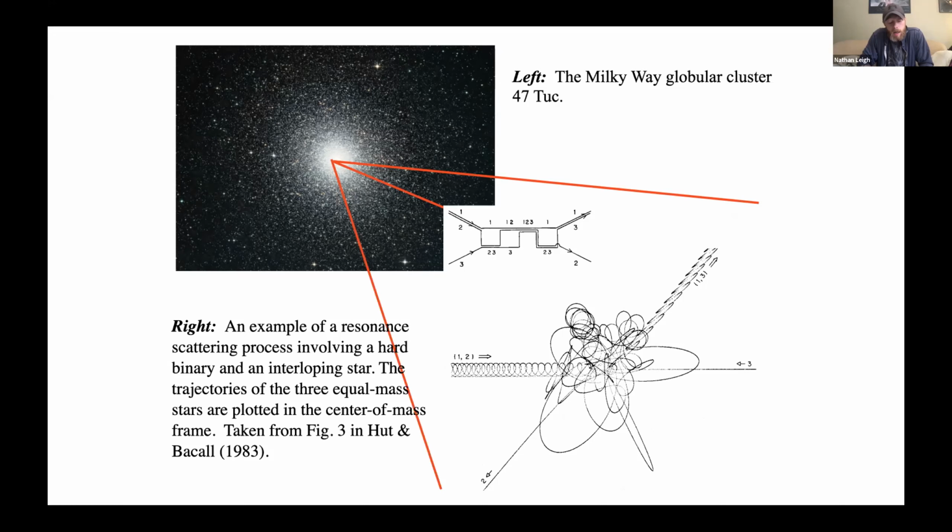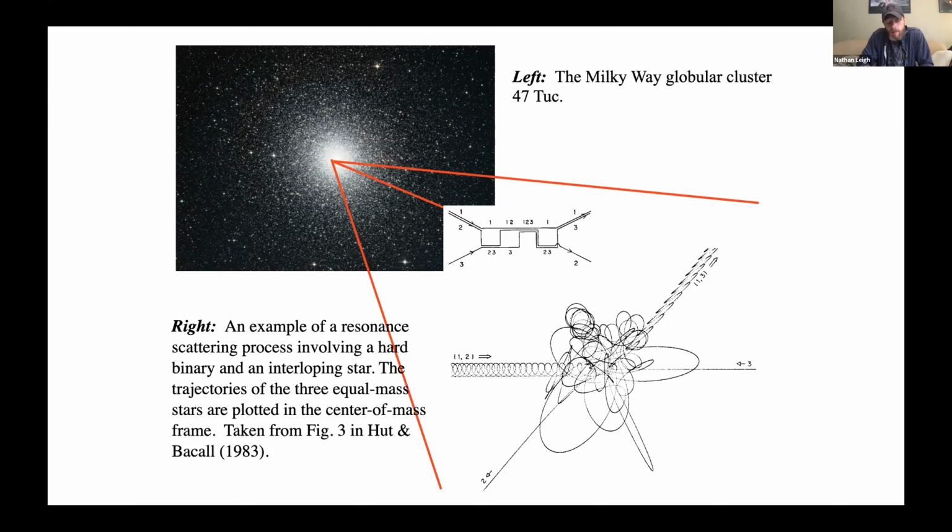So the original binary comes in from the left and contains objects 1 and 2, and it interacts directly with the single star that comes in from the right, labeled object 3. A chaotic interaction ensues, and it usually ends with one object being ejected, which is usually the least massive object, in this case, object 2. And so this leaves the most massive objects, in this case, objects 1 and 3, bound in a binary.